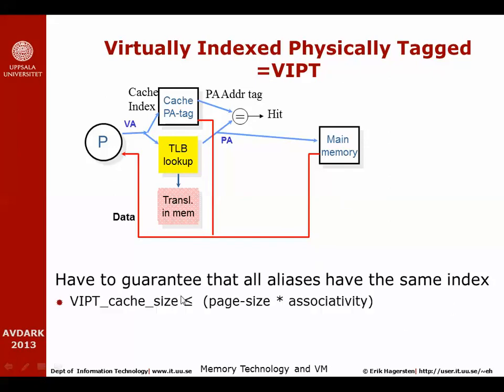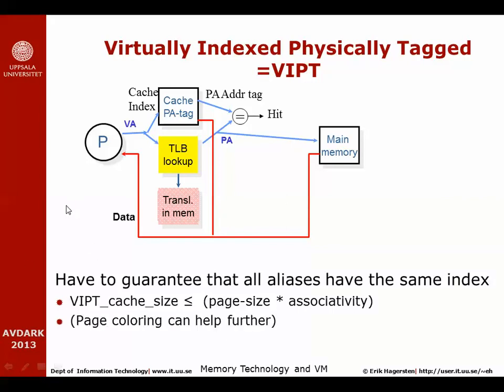So in order to guarantee that, we have to make sure that the cache size of a VIPT cache is smaller than or equal to the page size times the associativity. This implies that only the bits that don't change when you go from virtual to physical addresses are used to index the cache, if this invariance holds.